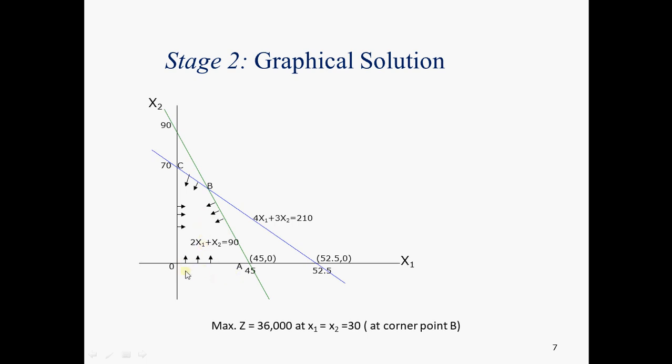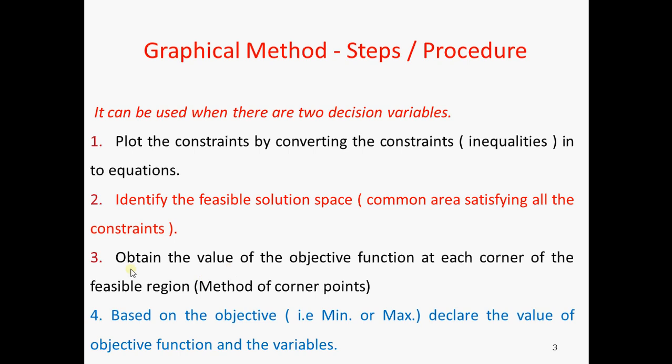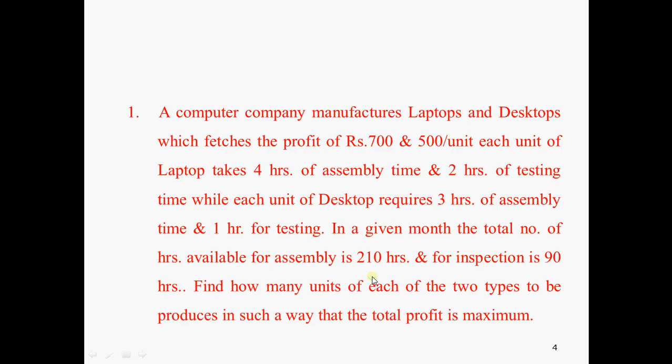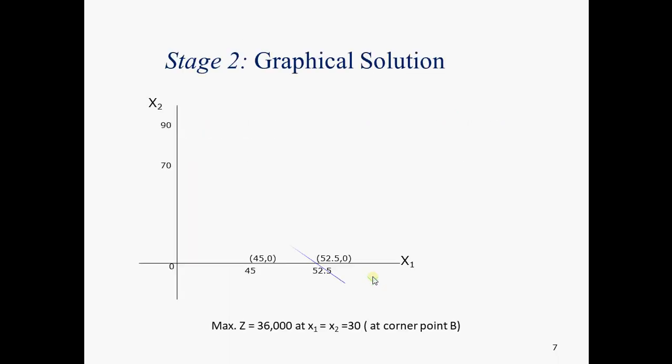That's what the method of corner points is, which I have mentioned in step 3. Just find the value of the objective function at the corner points or extreme points, here O, A, B, C. Even here there may be plenty of feasible solutions, but optimal solutions may be one or two.